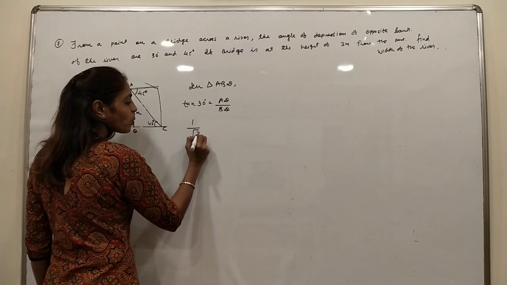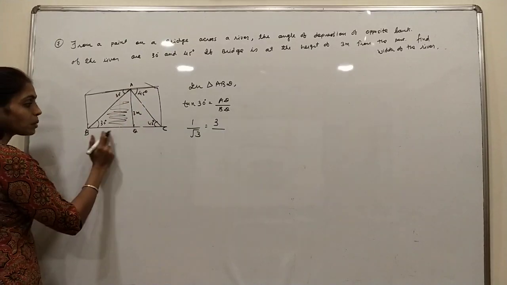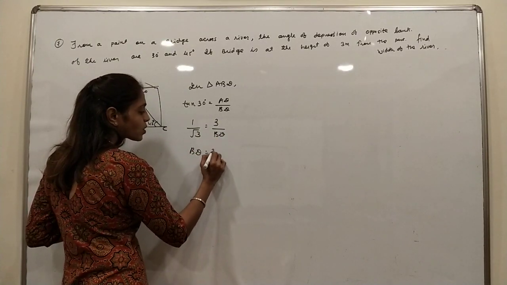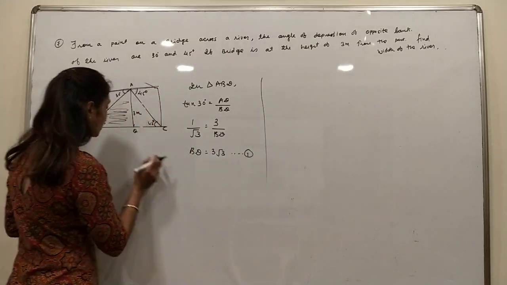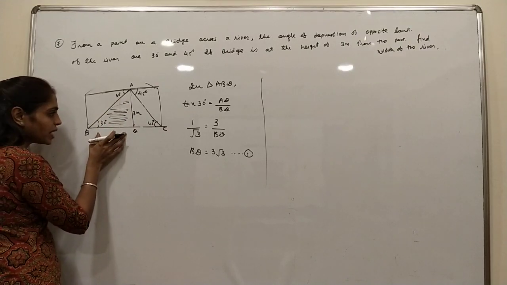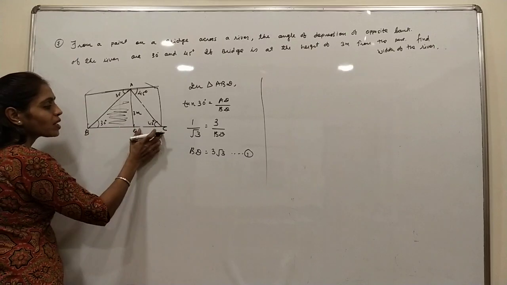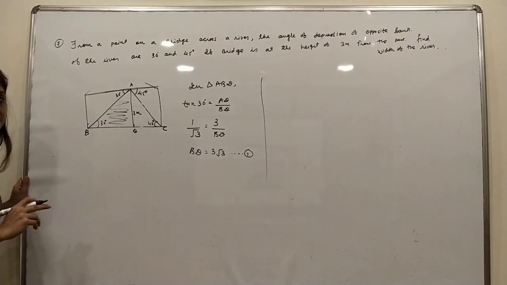Tan 30 is 1 upon root 3, AD is 3, and BD. So BD is 3 root 3. From this triangle I can find BD, from the other triangle I can find CD, but BD plus CD is BC, that is the total width of the river.